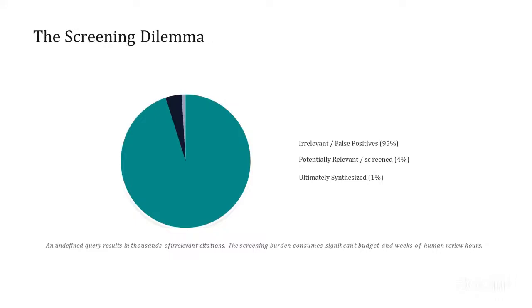So this is very, very time consuming to do manually because at the end of the day, you're only going to use around 1% of the papers that you find in your study, and another 4% are relevant. The rest are just junk. So that's pretty crazy if you think about it.